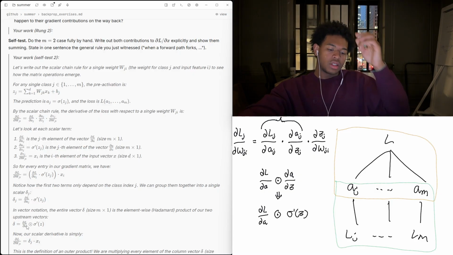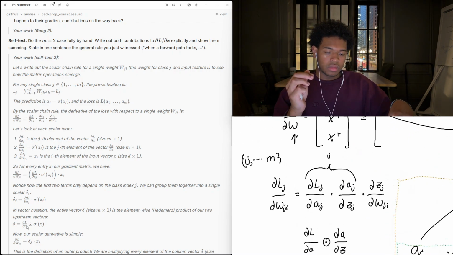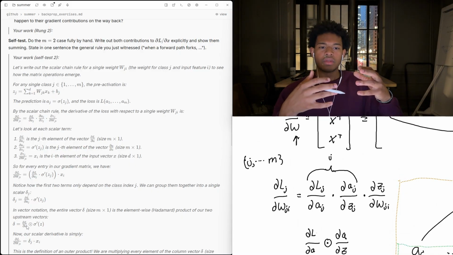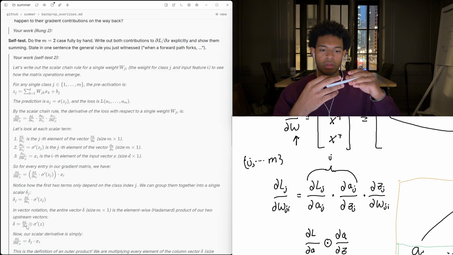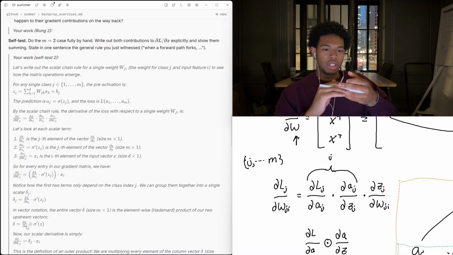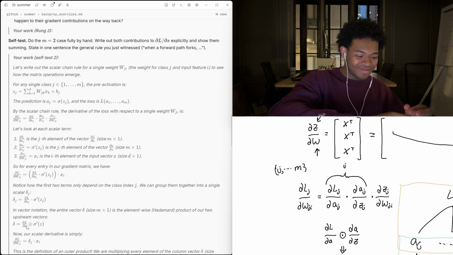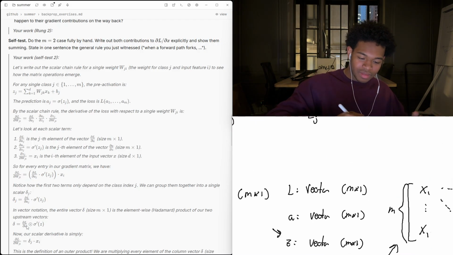L with respect to A, I would still capture it as a vector because it's all of the losses of L. Is it the fact that you would sum it afterwards? Like you have the loss with each element and then you just add? I would do that. I would just add.